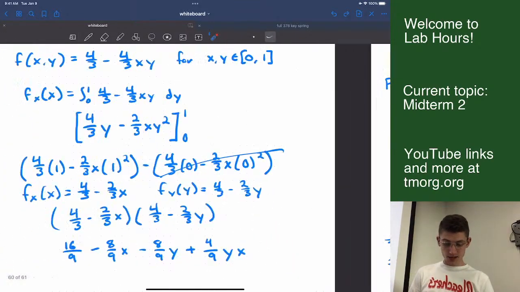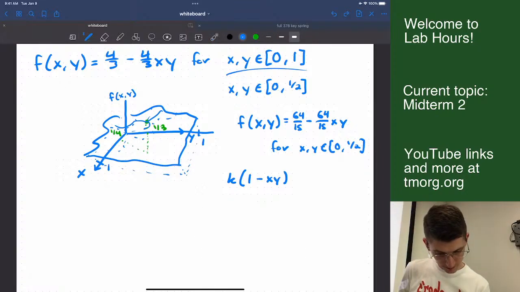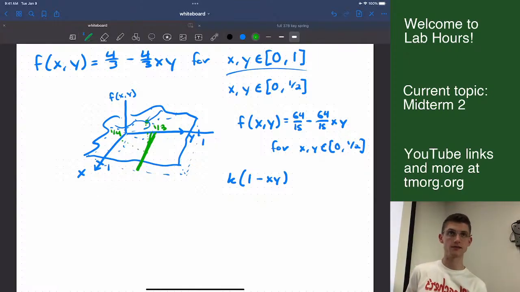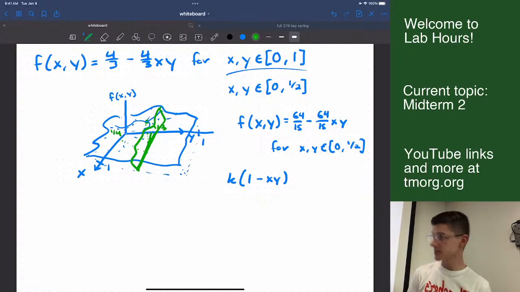If you were to ask me, looking at this solid, if I only look at where y is equal to 1/3, so just on this slice right here, where the shape maybe looks kind of like this along x, right? Something like that, okay?